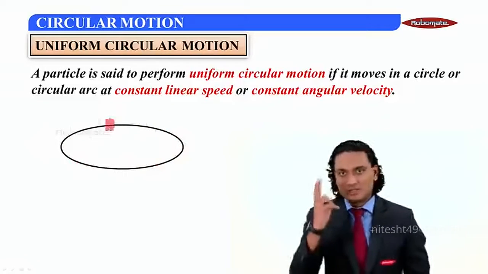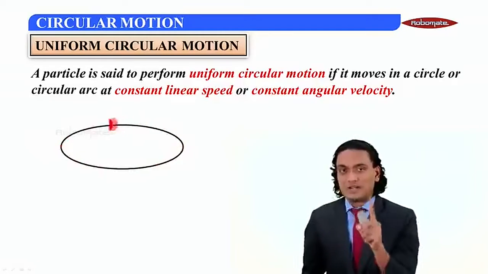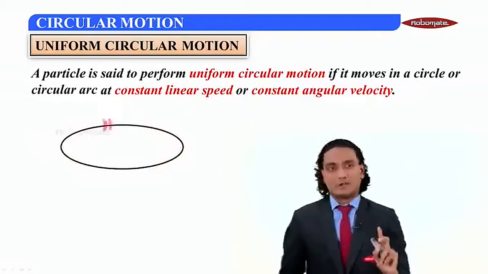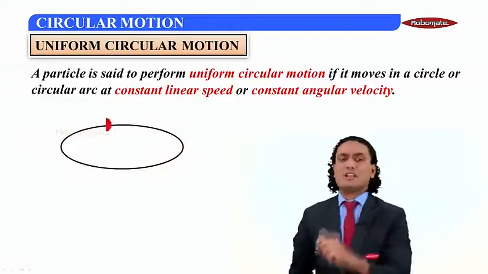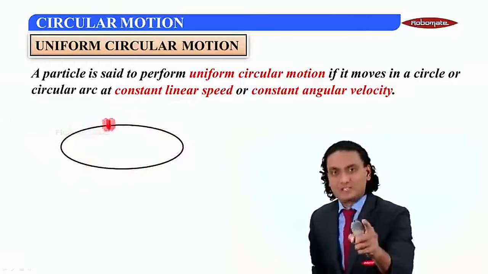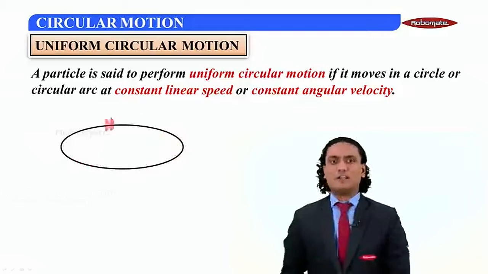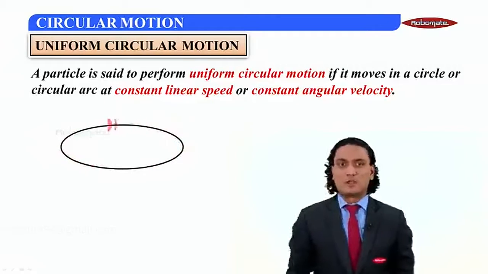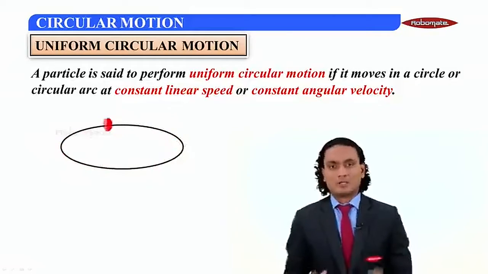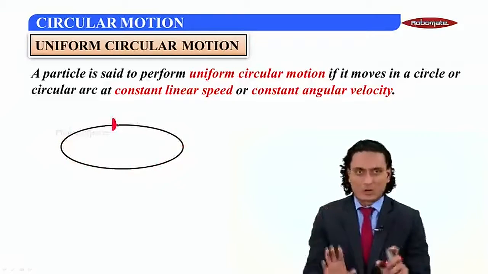Is that clear? So these two words are very important. Constant linear speed or constant angular velocity. And you all know what is linear speed. Yes, linear speed is magnitude of linear velocity. So the linear speed should be constant or the angular velocity should be constant. Now did you understand what is UCM?